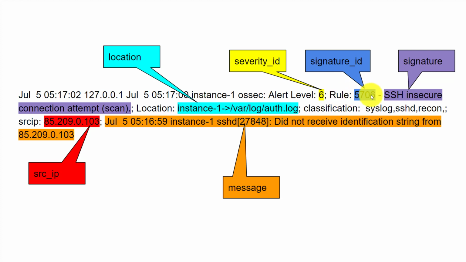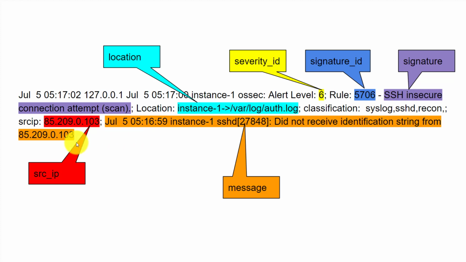That rule number is the signature ID, and the rule description, like SSH insecure connection attempt, is the signature. Now location is where this particular issue occurs. Over here, this is my Google instance and this is the file where the issue occurs, so that depicts my location. Now classification is what kind of issue it is.